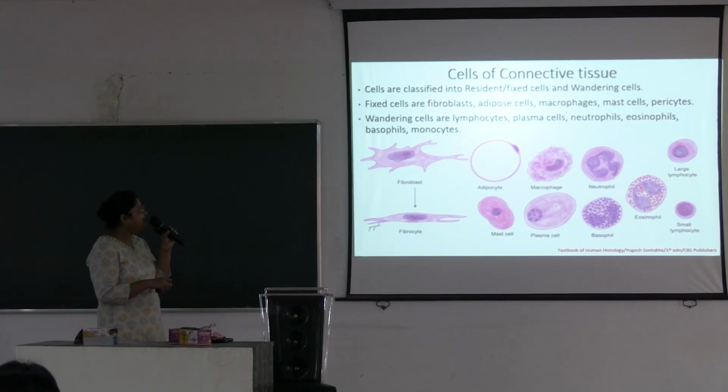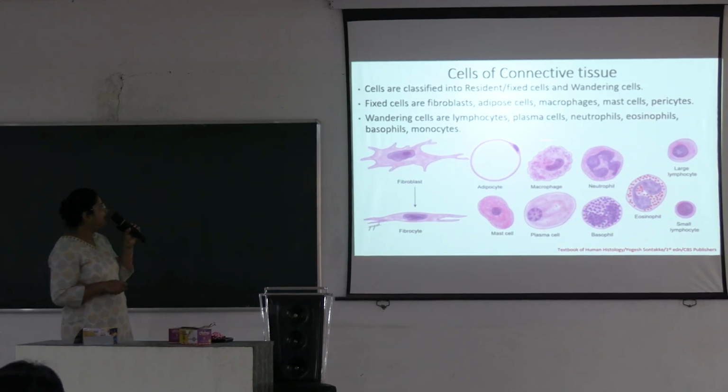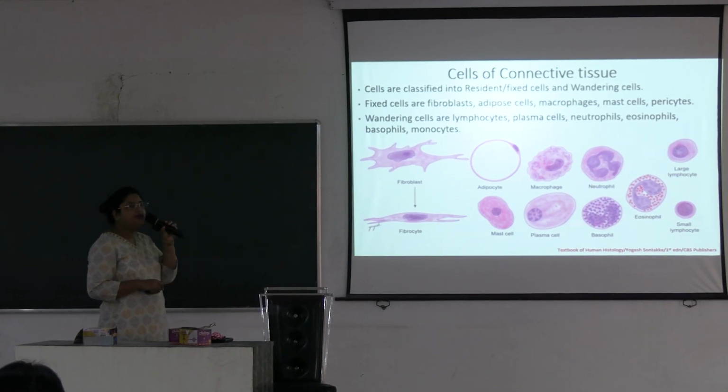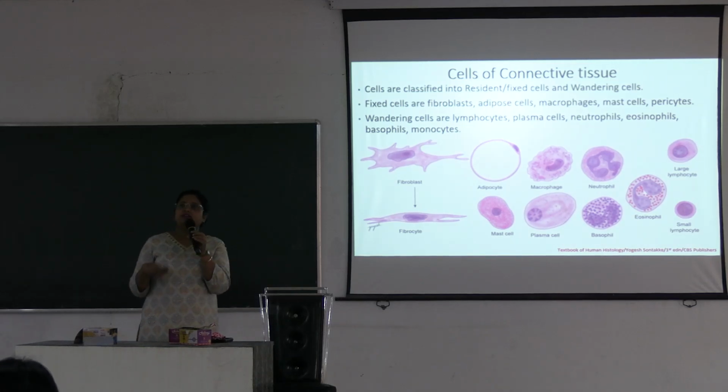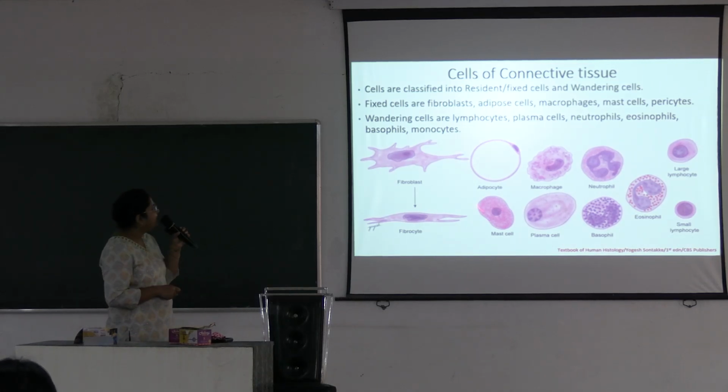Next, this one is an adipocyte. Adipocytes contain a fat globule. The large white area contains the fat globule, and fat is washed out during slide preparation. Here the nucleus is located near the periphery, and a thin rim of cytoplasm is present, so it appears as a ring-like appearance.